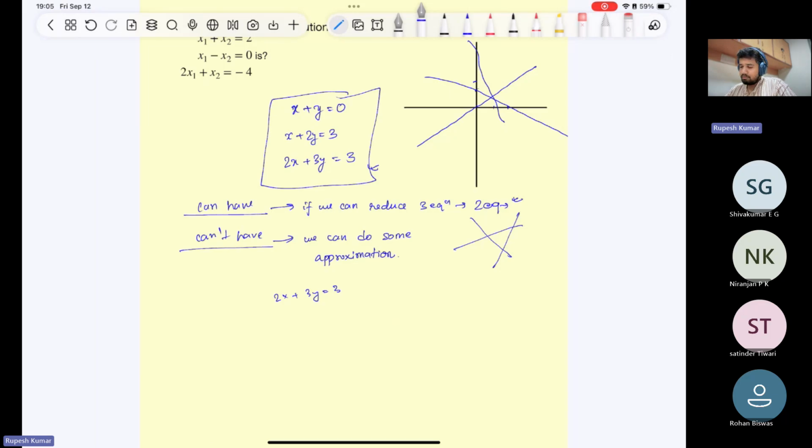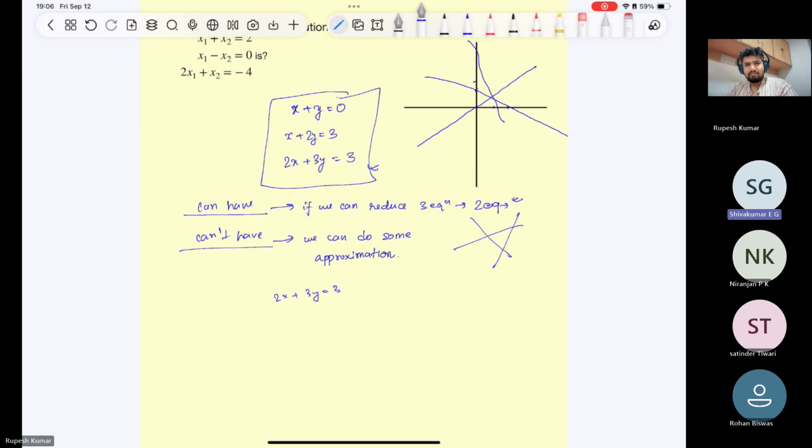Fine. Now, Shiv Kumar, you are also raising your hand. Please type your doubt. Equation 3 is the sum of equations 1 and 2, so it is linearly dependent, not independent. So there is no unique solution, actually, because the third equation is just a sum of 1 and 2.